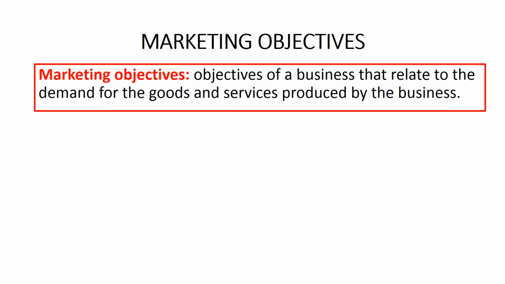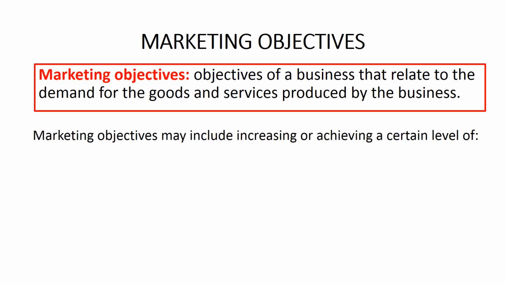We now come to the second type of business objectives, which is marketing objectives. Here is a definition to include in your summary table. Marketing objectives are objectives of a business that relate to the demand for the goods and services produced by that business.